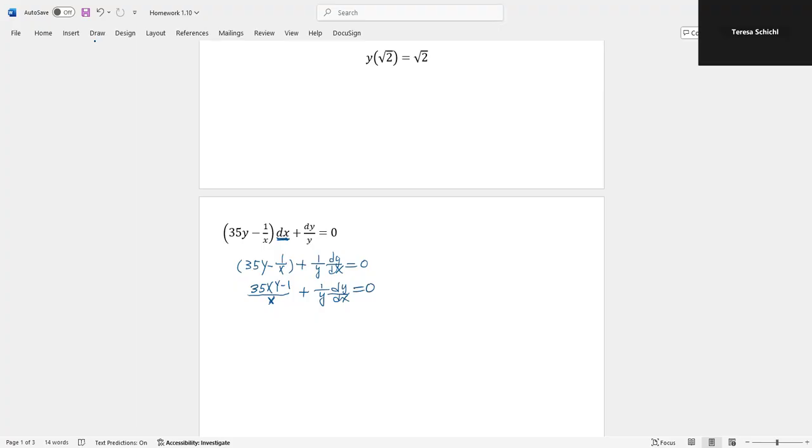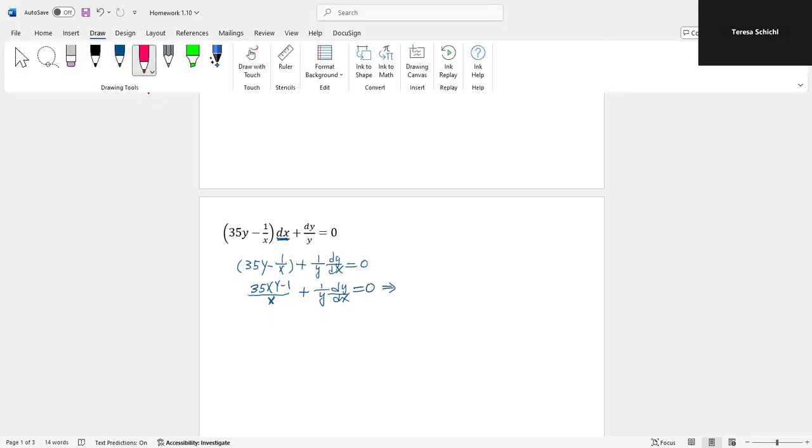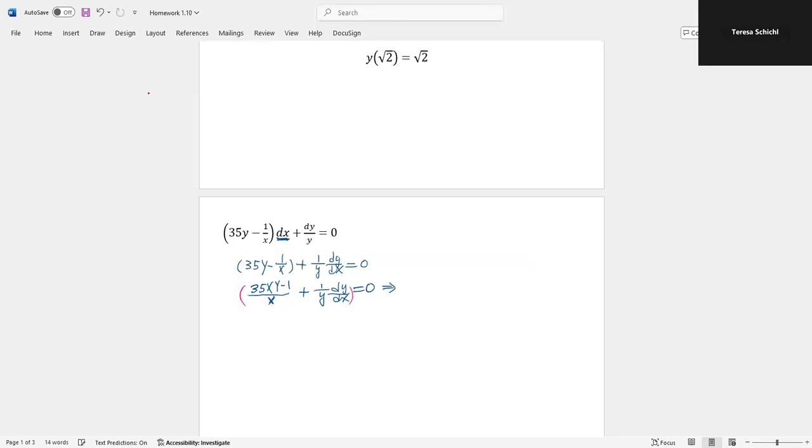Then I typically like to single out dy dx. So I multiply by y on both sides. When I multiply by y, I don't like to have anything in front of my dy dx, so that's why I multiply by y on both sides here.